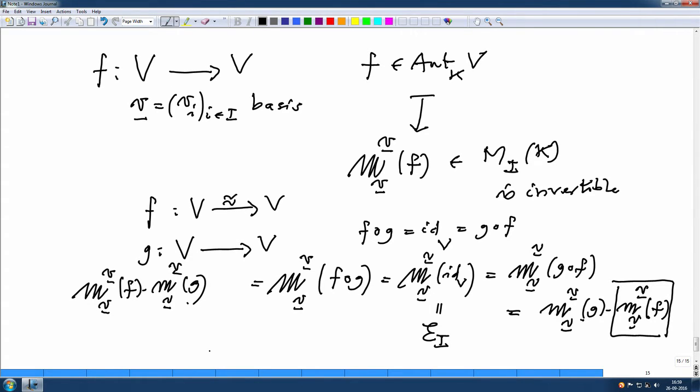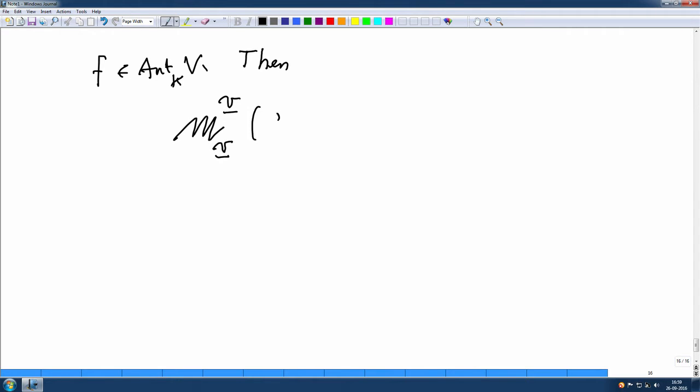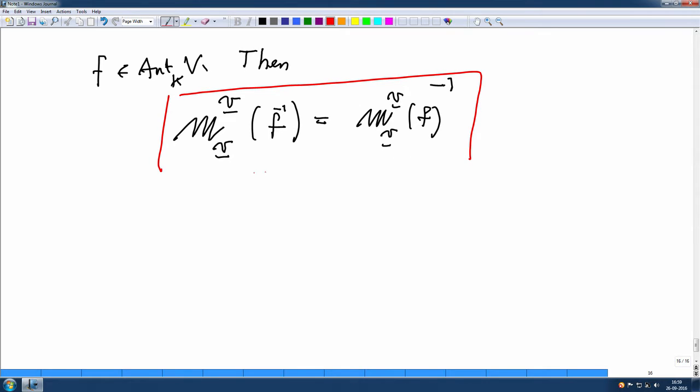So what we have proved, let me write on the next page, is an important formula: if f is an automorphism, then M V V f inverse is equal to the inverse of M V V f. So the inverse I can take out. This is very important.